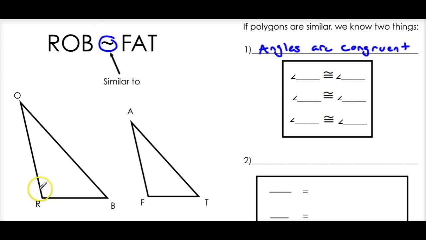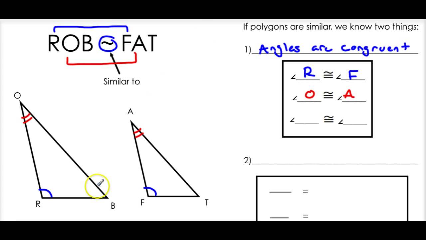And so in this case, I would know that R is congruent to F, and not just because they look about the same, but because, if you remember from congruent triangles, these are in order. R is the first letter and F is the first letter, so R is congruent to F. Furthermore, we know that O is congruent to A, because O is the second letter and A is also the second letter.